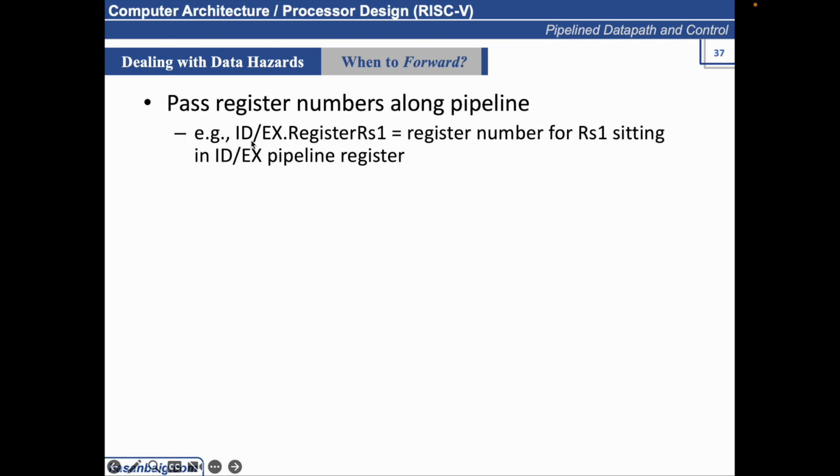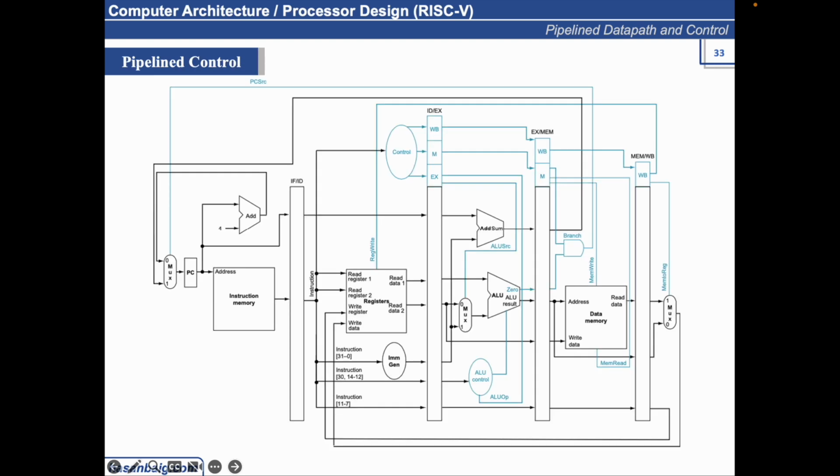For example, ID/EX.RegisterRs1 corresponds to the register number for rs1 sitting in this ID/EX pipeline register. If you go back to this diagram, for example, if the instruction is executed here, we also store the information about rs1, rs2, and rd in this register.